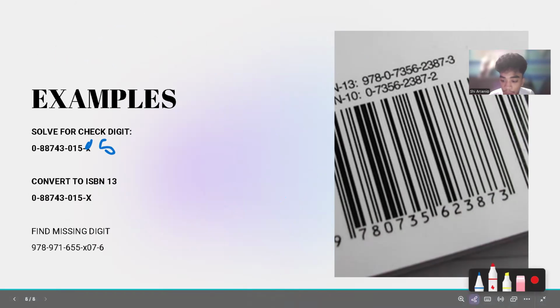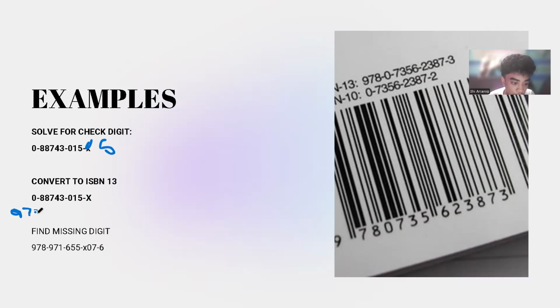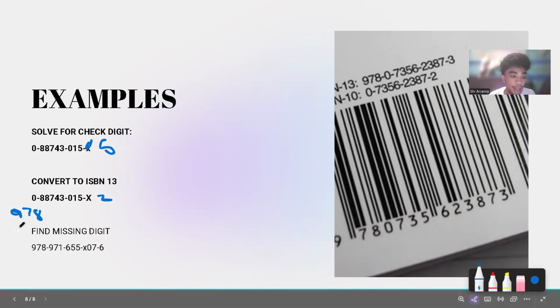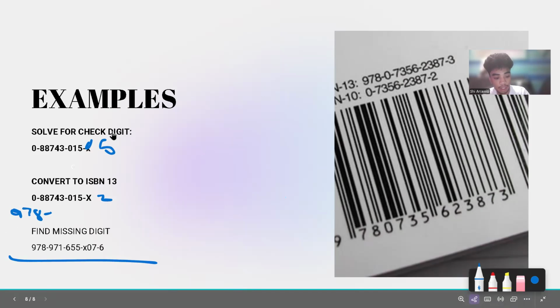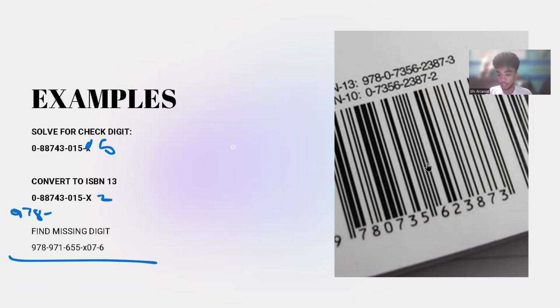Again, to reiterate, we have 9, 7, 8, then 0, 8, 8, 7, 4, 3, 0, 1, 5, and then the check digit, which is 2. So our final answer is 9780887430152.